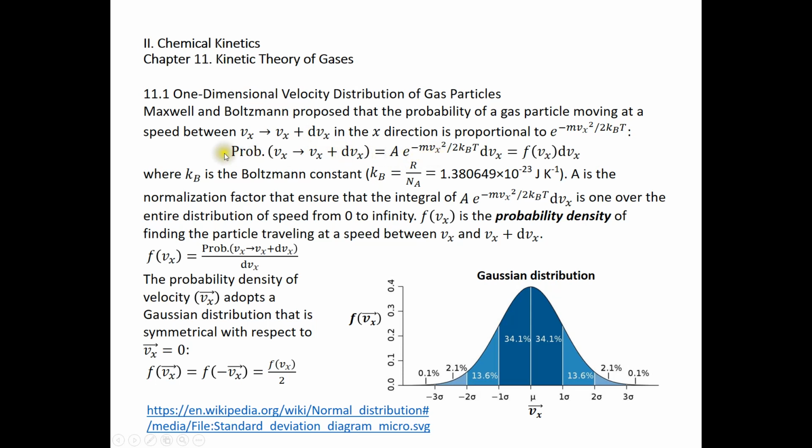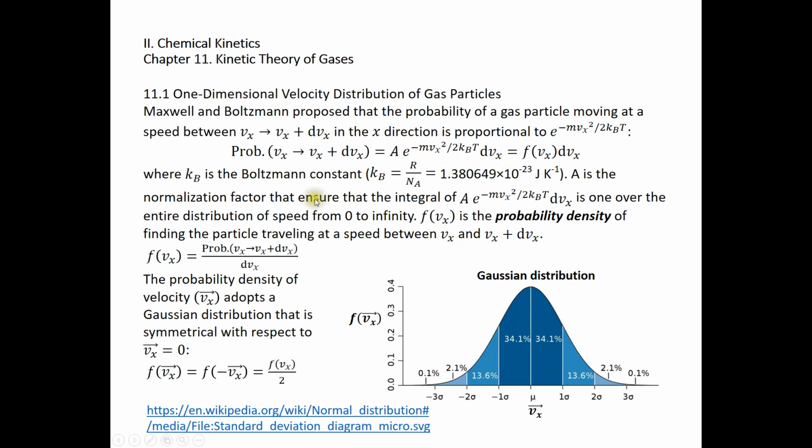We can also write the probability as the product of the probability density within the range multiplied by the range. So this f function is equal to A times this exponential function of negative kinetic energy over kBT. kB is the Boltzmann constant, the gas constant over the Avogadro constant, and we have the value here. A is here to ensure the integral of this whole thing from 0 to infinity is 1.